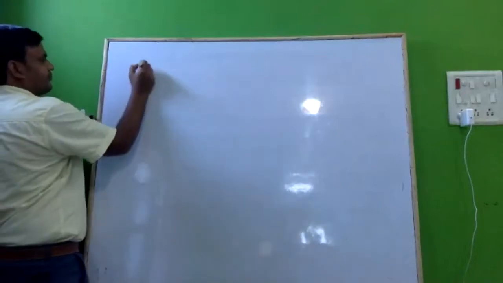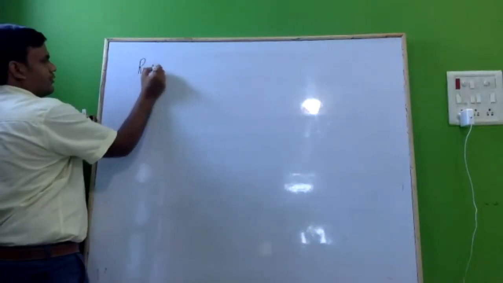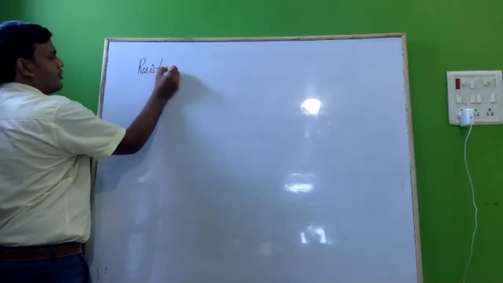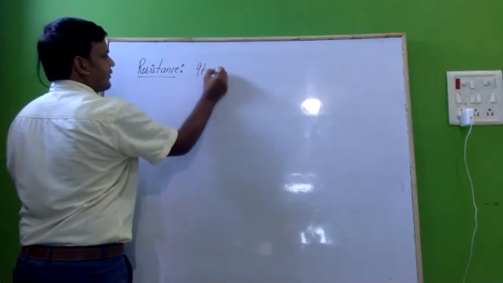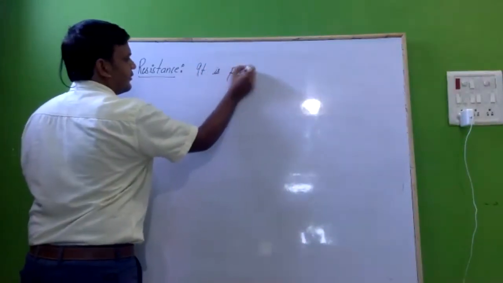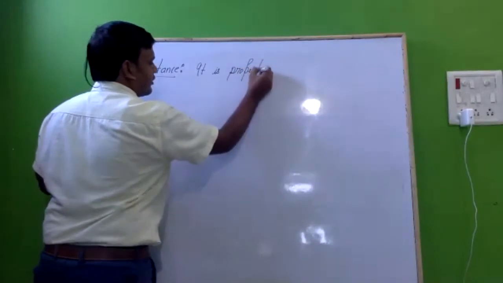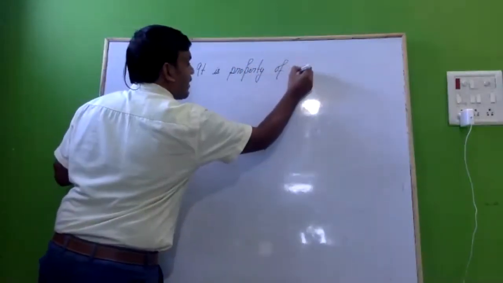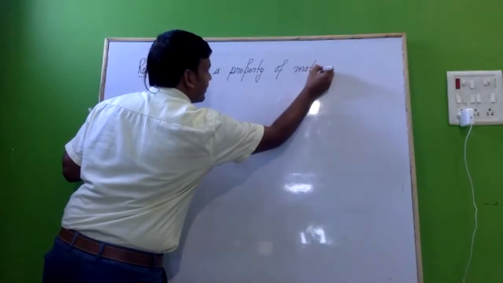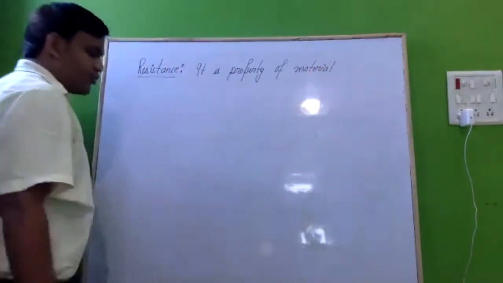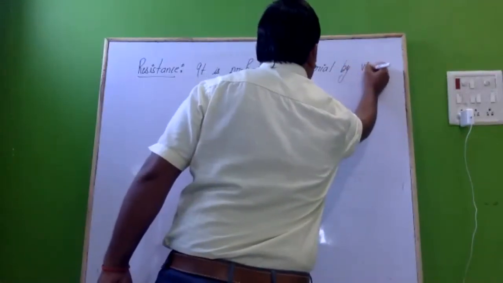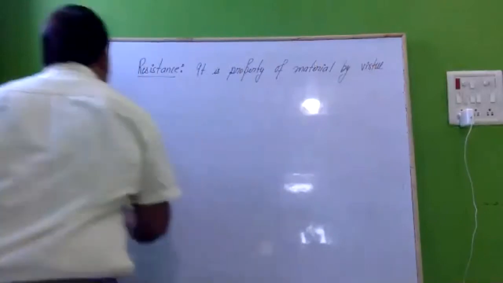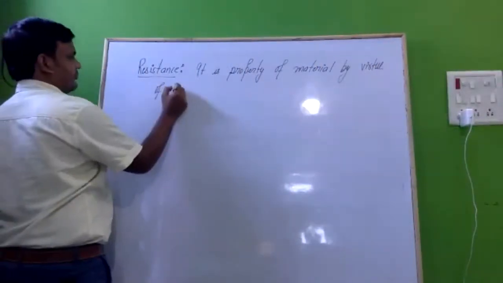Resistance. So what is basically resistance? It is the property of a material to resist the flow of charges, by virtue of which it opposes the flow of current.